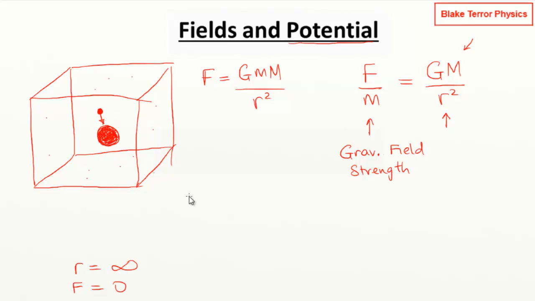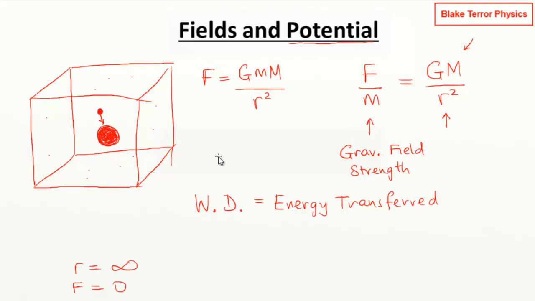So work has been done because a force has acted through a distance. So we remember back to our earlier video on the work energy principle. The work done is the force multiplied by the distance, which is equal to the energy transferred. Now, it's the force multiplied by the distance if the force is constant. But of course, the force is changing here because the force itself is a function of the distance.